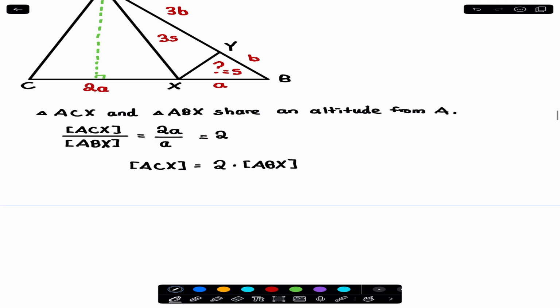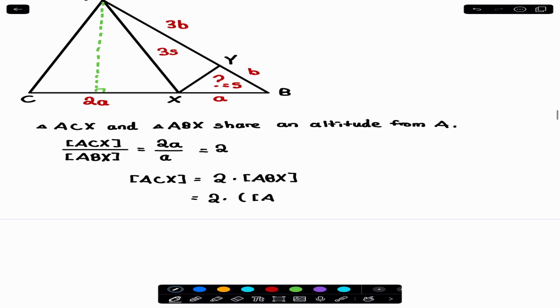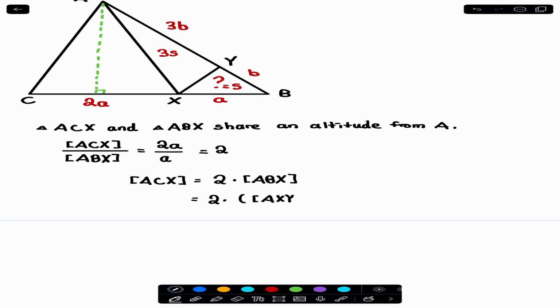And notice the area of triangle ABX is equal to the area of triangle AXY plus BXY.